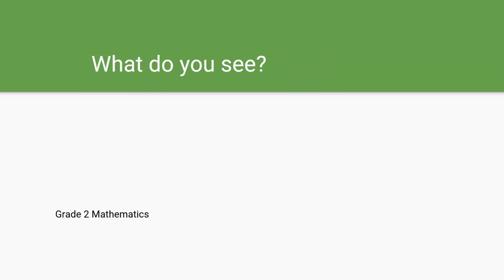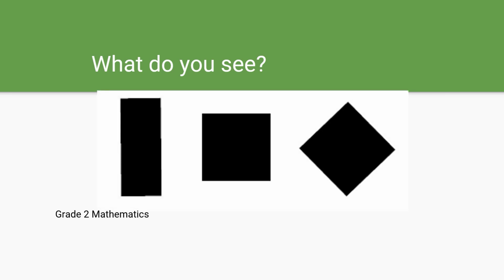What do you see? I see 1 rectangle and 2 squares. Did you notice that the last shape is still a square even though it has been tilted or rotated?